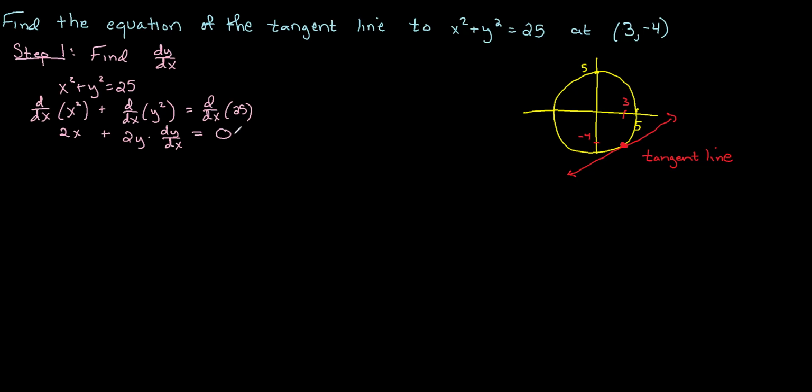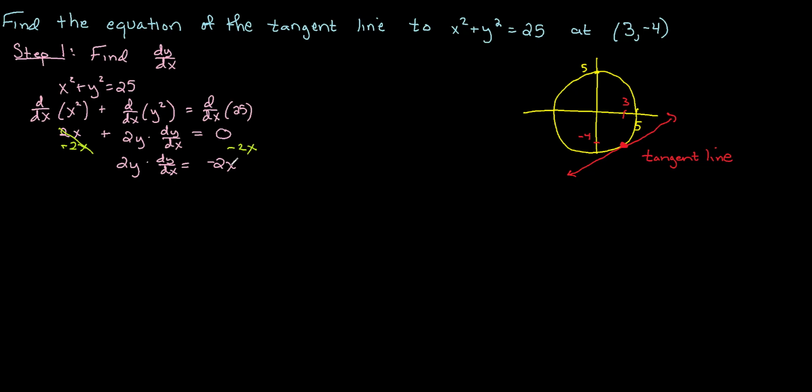Our goal is to solve for dy/dx. So I'm going to move everybody else to the other side. So let's subtract 2x from both sides. And what I'm left with is 2y times dy/dx equals negative 2x on the right-hand side.